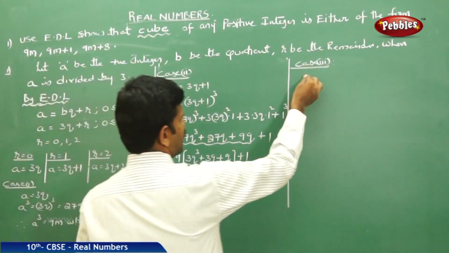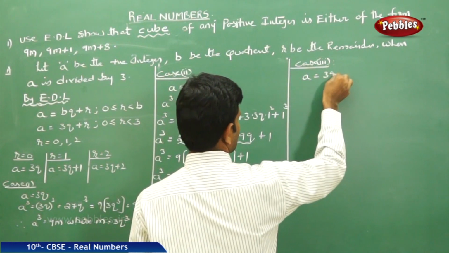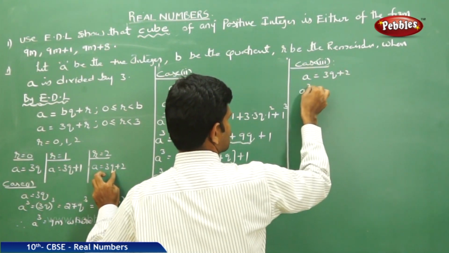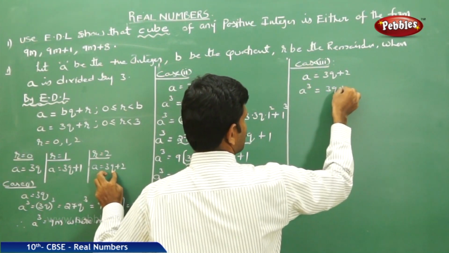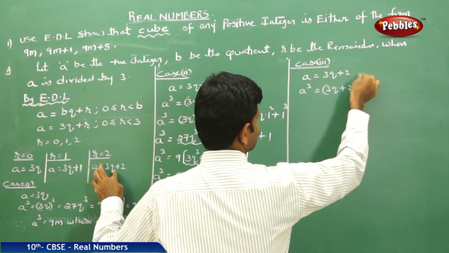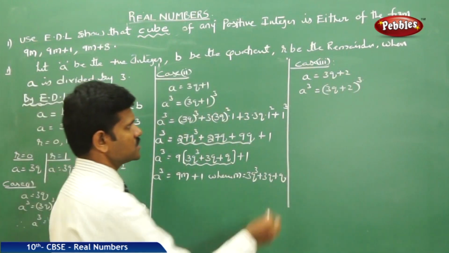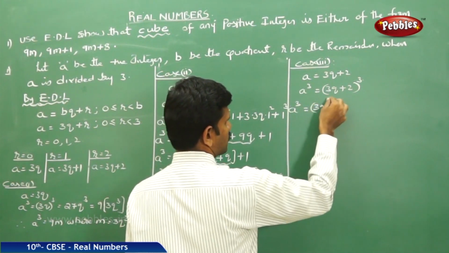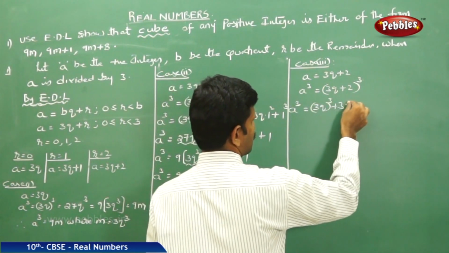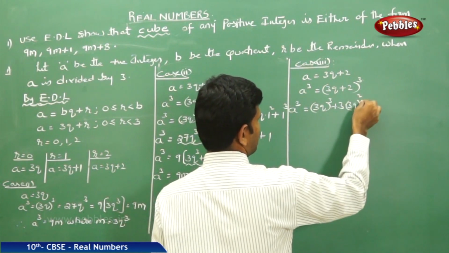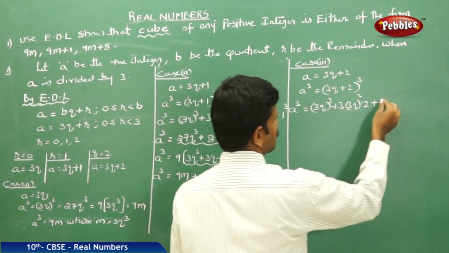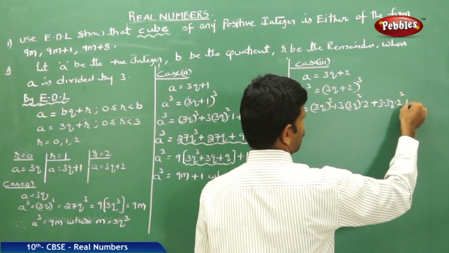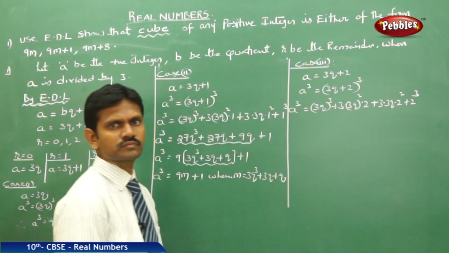That is, a is equal to 3q plus 2, cubing on both sides, a cube is equal to (3q plus 2) whole cube. That is, a cube is equal to a cube plus 3a square b plus 3a b square plus b cube.